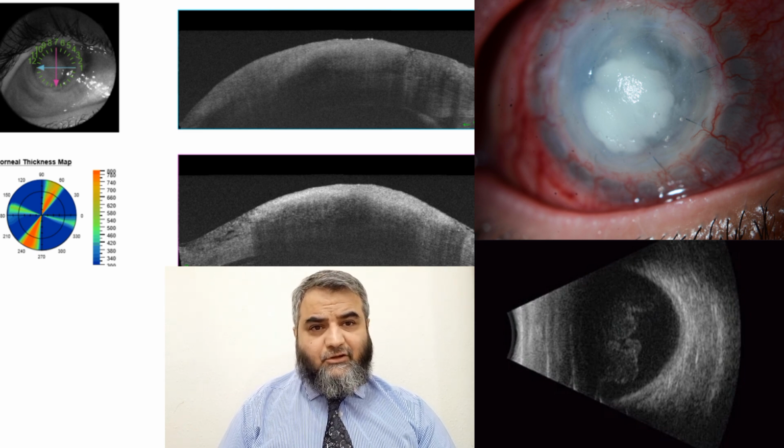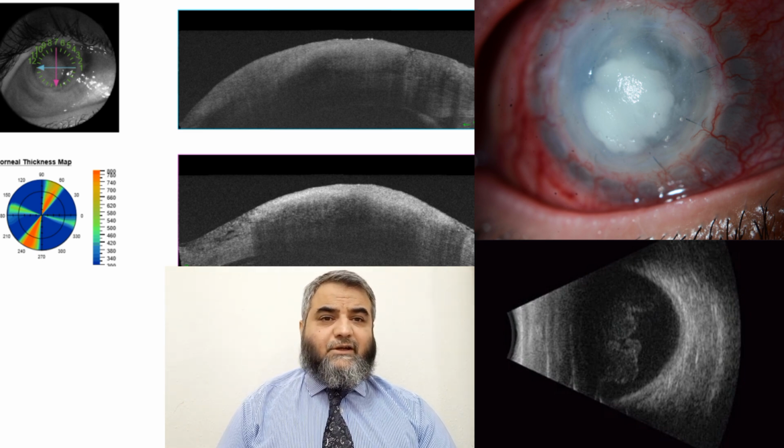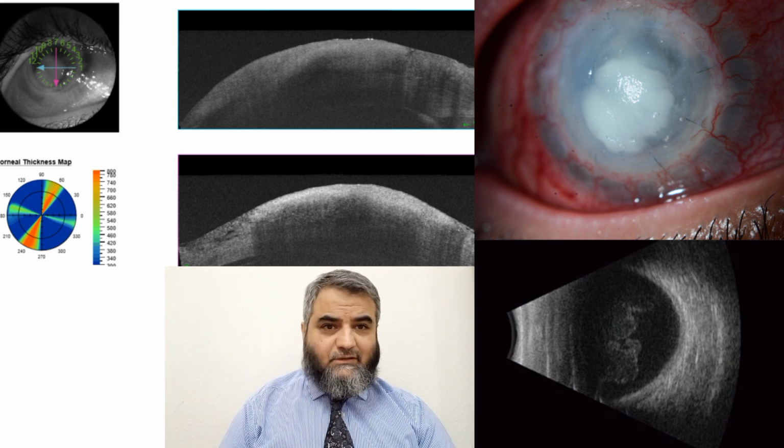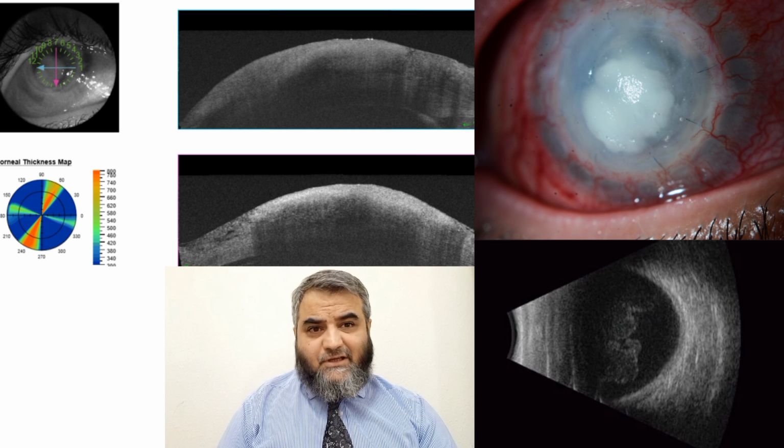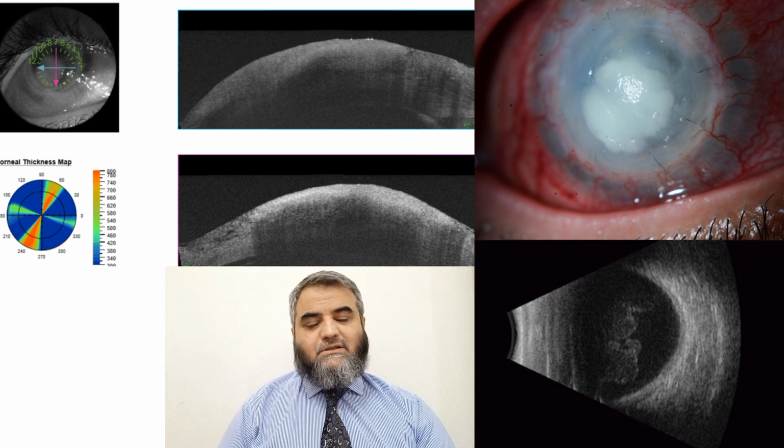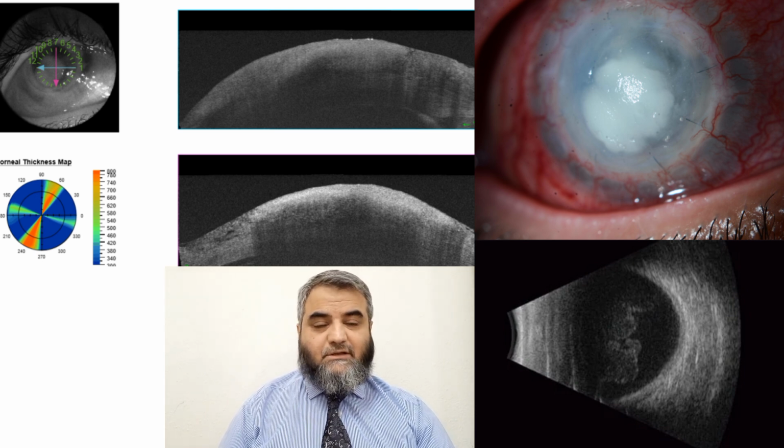And once we get the report, the antibiotic drops can be tapered and used according to that. So this is a very challenging case, and it can present to us in our clinics: a patient who has undergone corneal transplant and now has developed these infections.